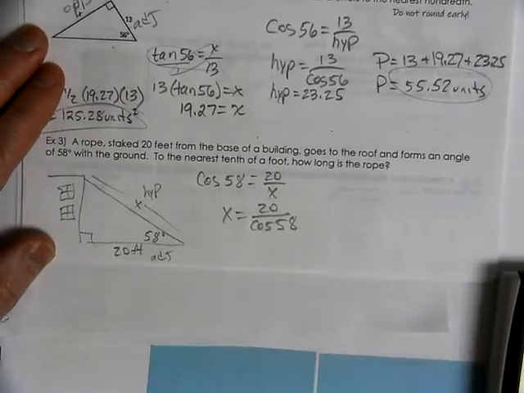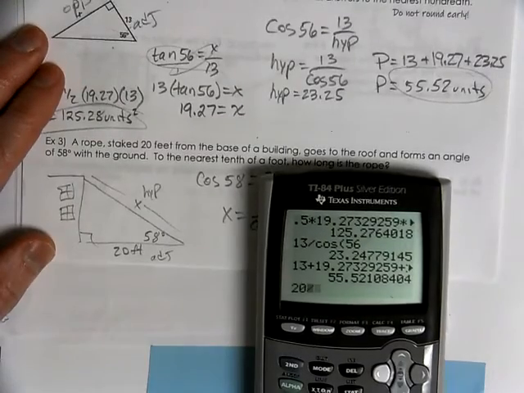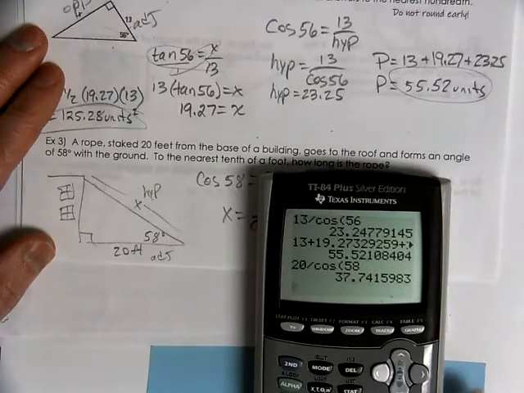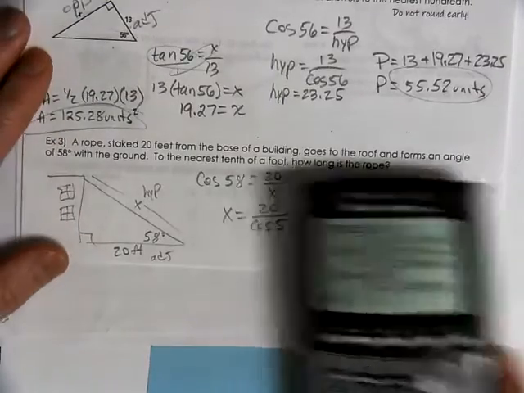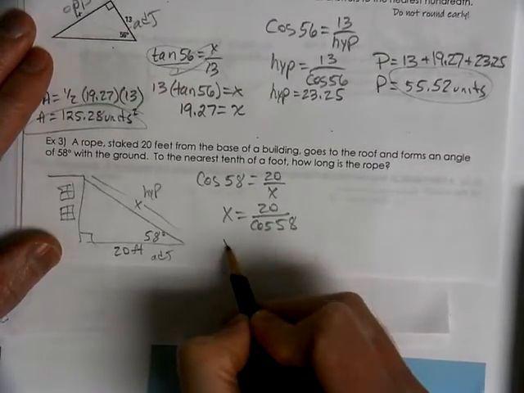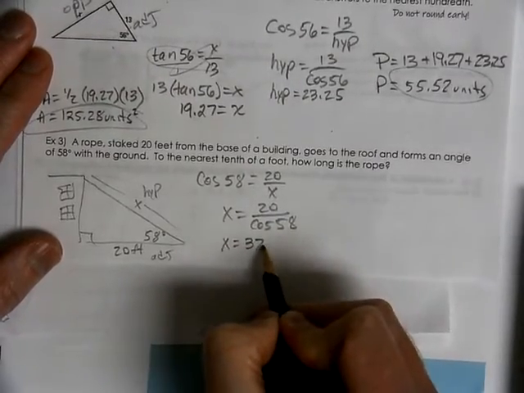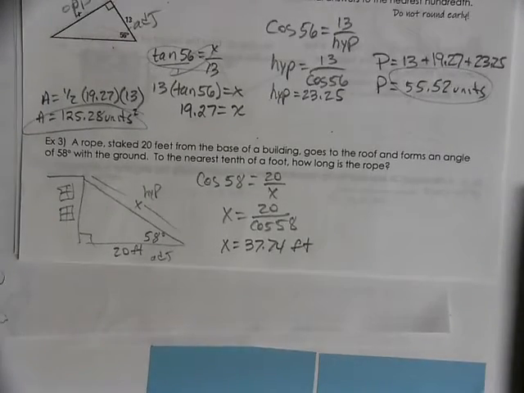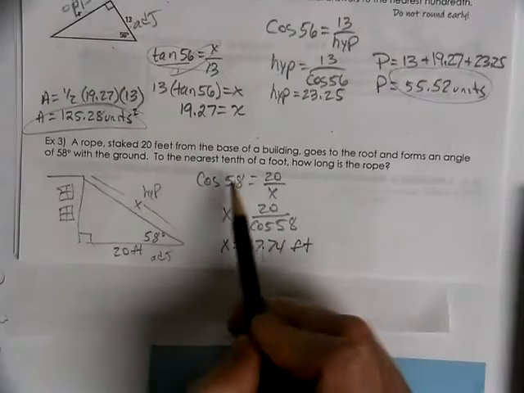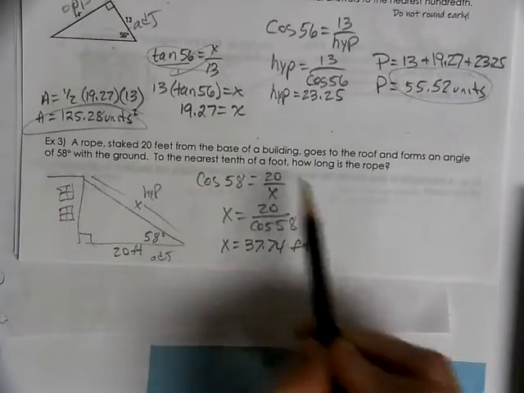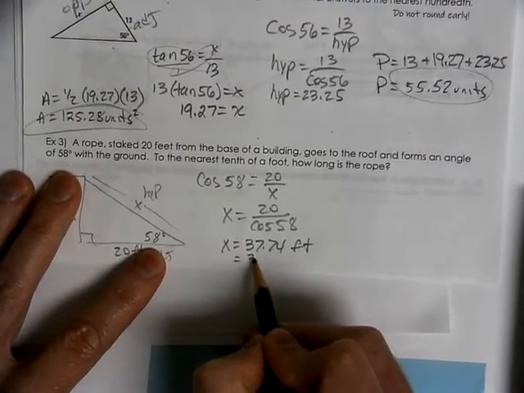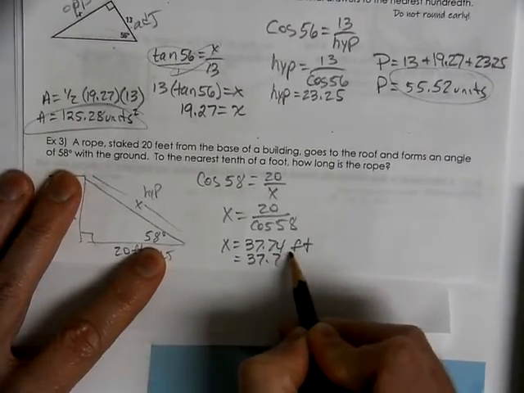Cosine of 58, do 20 divided by the cosine of 58, and that gives us 37.74. And that's the length of the rope, and the units of the problem were in feet. Nearest tenth. So if we were to do tenths, that would be 37.7 feet.